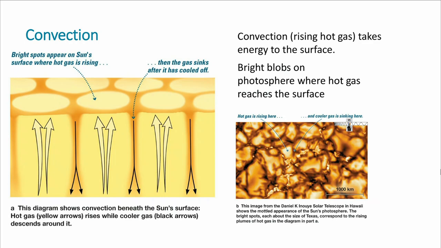So where the hot gas is rising, you get the lighter material, and then that gas is going to cool as it gets to the surface and then fall back down, and those are the dark edges of those kind of bubbles, basically. So the convection zone is responsible for the structure that we see on the surface of the sun.